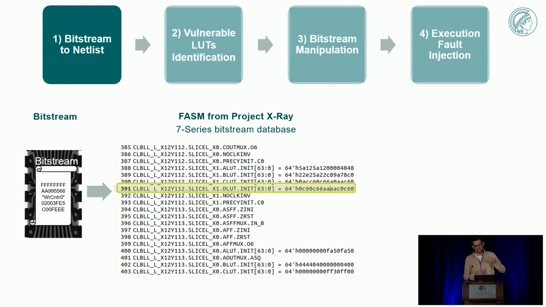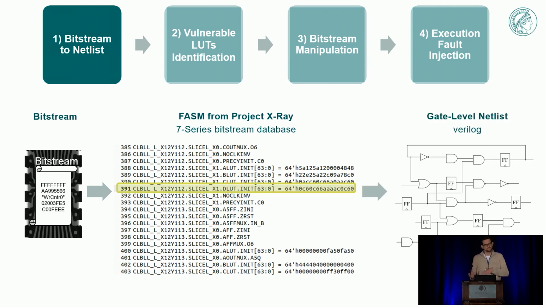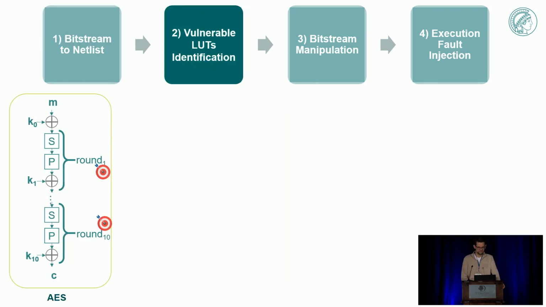You have a line for every basic element in the FPGA. For example, in this marked area, you see the lookup table's INIT string of the D LUT in slice X12Y112. So you know the Boolean function of this gate. Then we can take this FASM file and convert it, also with the Project X-Ray tools, to a Verilog netlist, and then process this further.